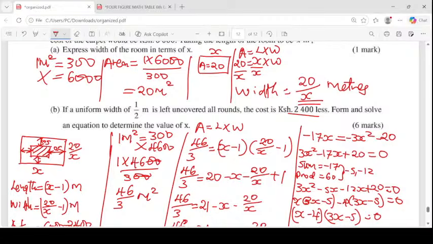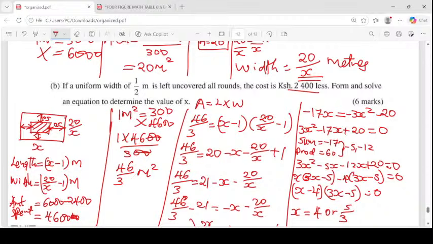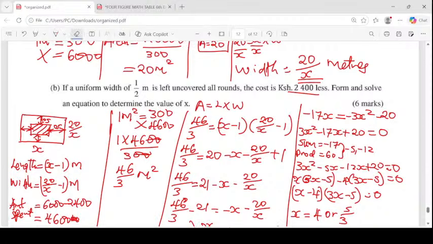When you take 6,000, you minus 2400, you should be getting 3600 and not 46. Oh my god, let me fix that. This one should be 36 and not 46.